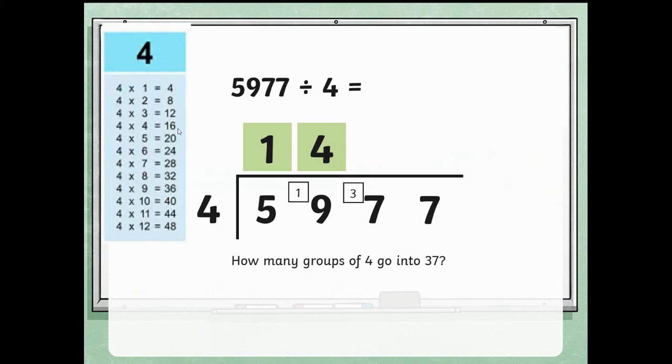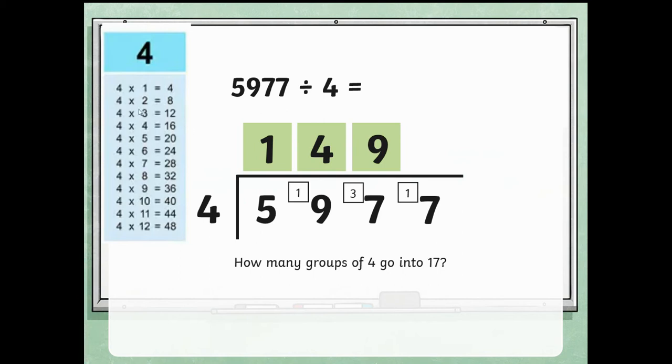How many groups of 4 go into 37? Well, that would be 9 because 9 times 4 is 36, and I would have 1 remaining because I've got a total of 37. How many 4's go into 17? Let's go down my list. How many groups of 4 could I make out of 17?